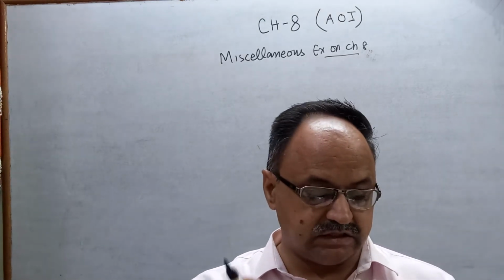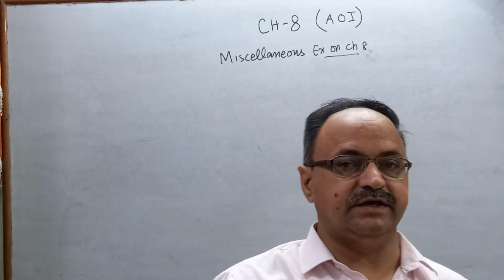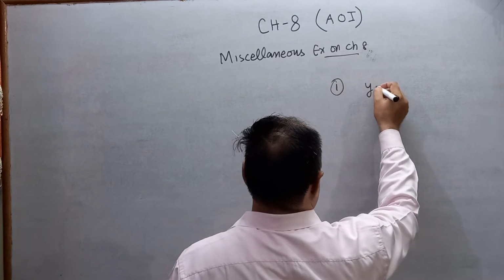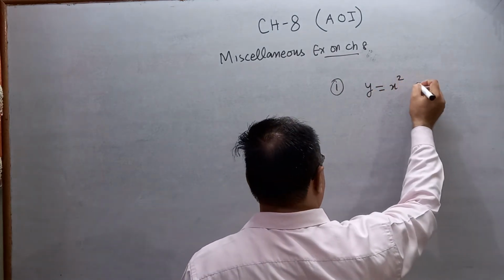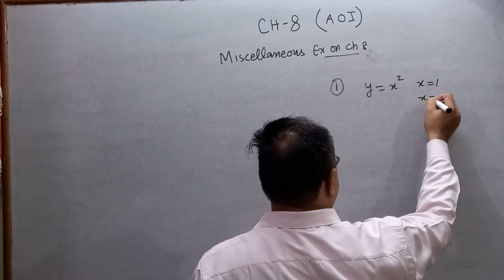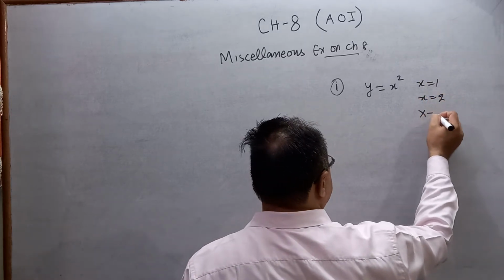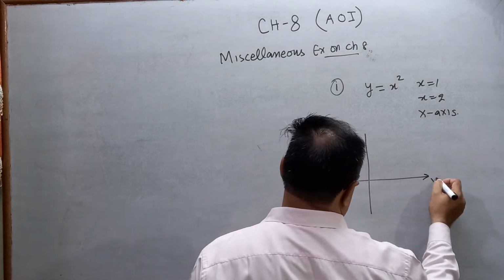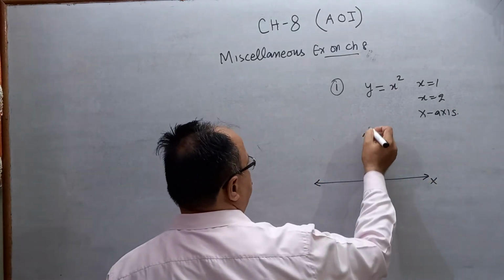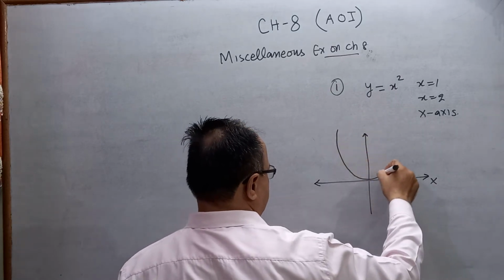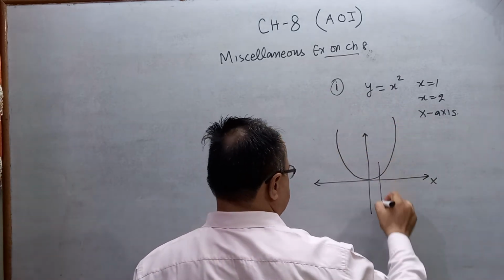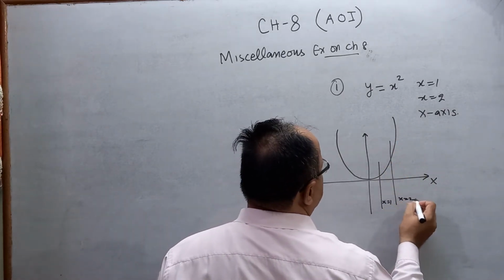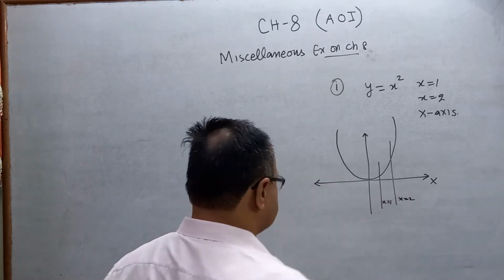Find the area under the given curve and the given line. First question, y is equal to x square, x is equal to 1, x is equal to 2 and x axis. This is an upward parabola, and these are the lines x is equal to 1 and x is equal to 2, and the x axis.